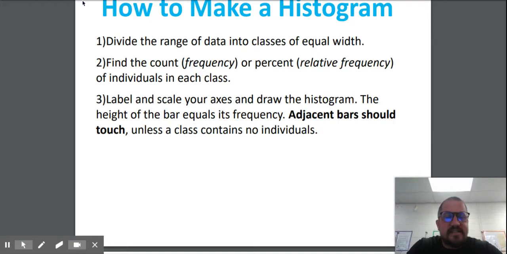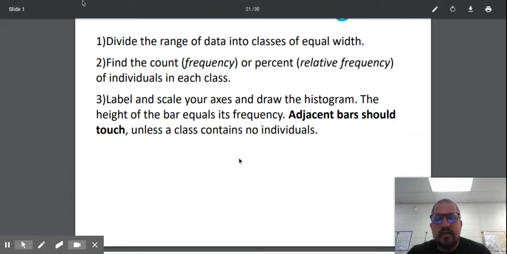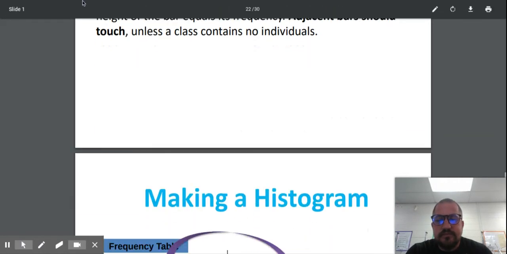So if you want 6 bars, then you make them 5 each, right? So if you're going to have 30, then you would make each one be 5 numbers each. And you're going to find the frequency, which means how many times it occurs, or the relative frequency, meaning what percent it occurs there. And then you will want to always label and draw your scale.